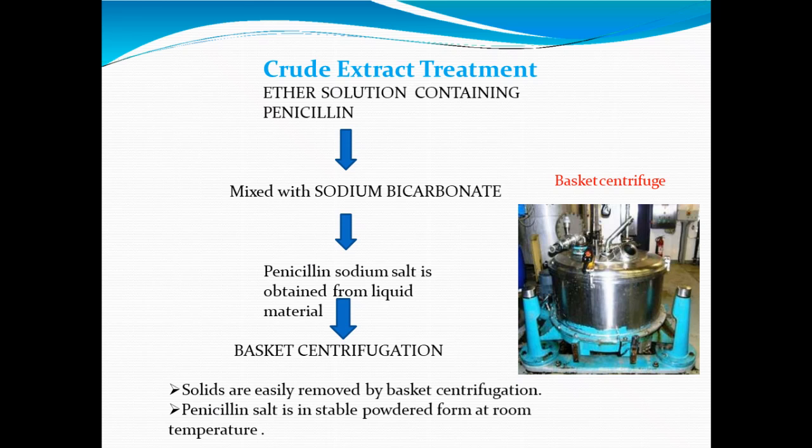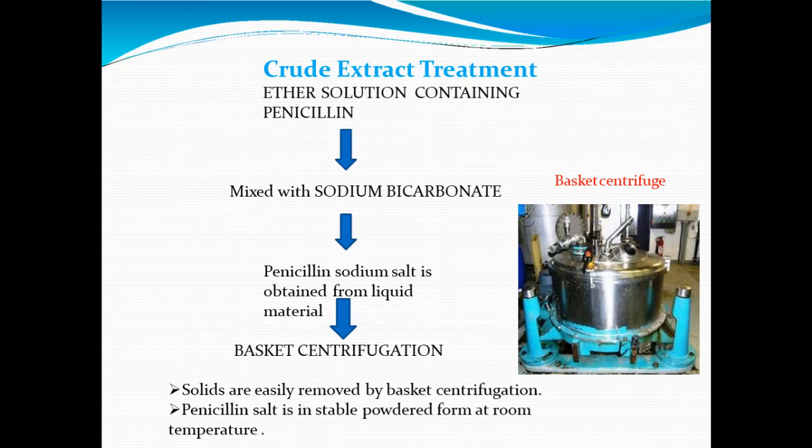The final stage, we are talking about penicillin extraction and purification, is called crude extract treatment. We have seen that in counter-current extraction, where it is passed into aqueous and organic solvent form, the penicillin is purified, and then this crude extract is treated to get a purified form of penicillin.